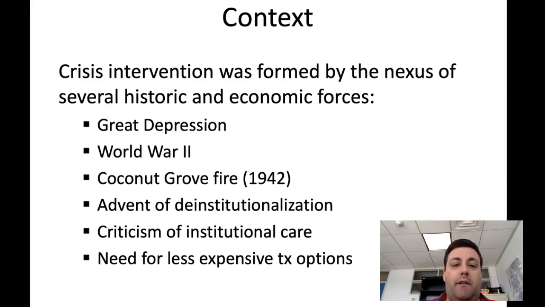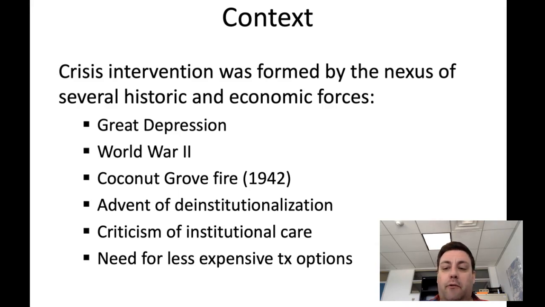We then get things like the Coconut Grove fire and the Triangle Shirtwaist Factory fire. These were acute crises that resulted in massive destruction and massive loss of life in a very, very short amount of time.